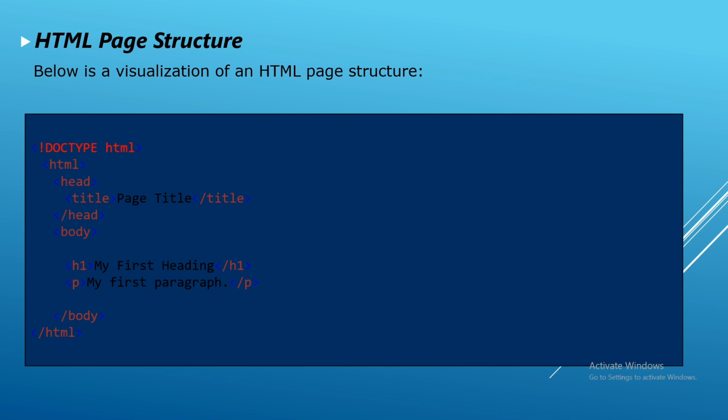You don't need that now because you're beginners, so you don't need to scramble your head. This is how the basic page structure looks like. You can remember this. It is useful for part 2. So let's go to the next slide.